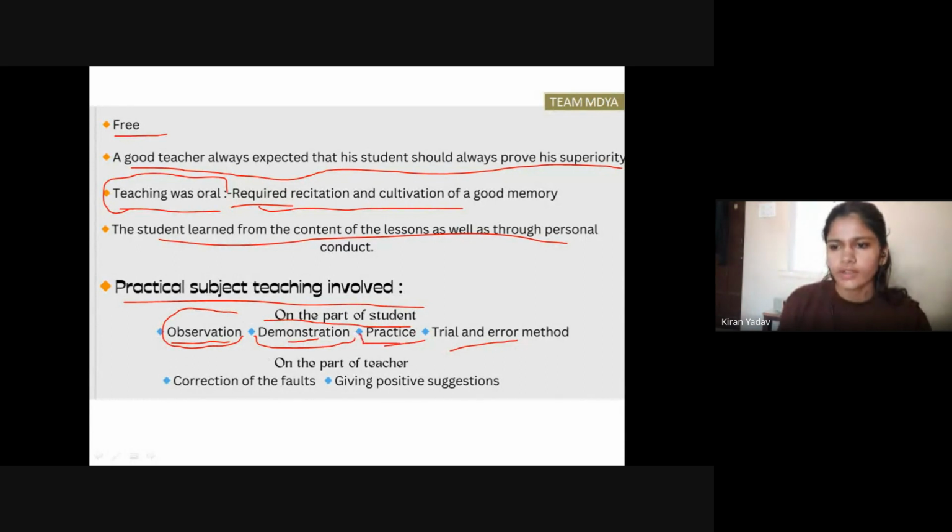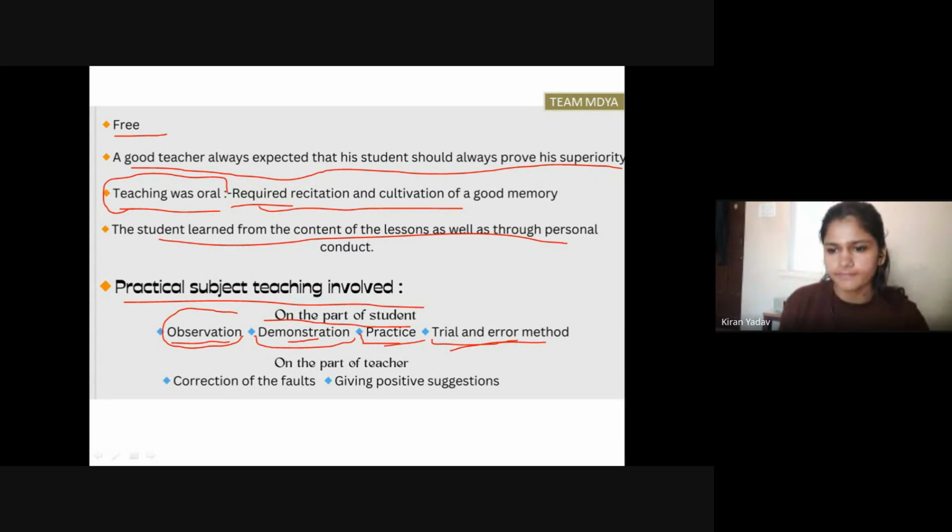And while he is practicing, if he is learning some difficult asana, then he would try it in a different way, the trial and error method. Try, if it works then it's good, and if it doesn't work for him, then he will do it in some other way.